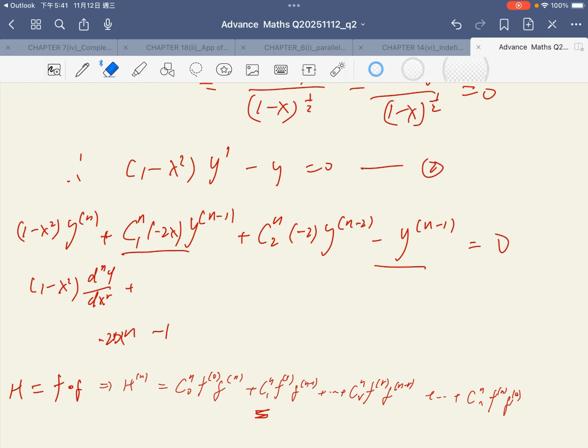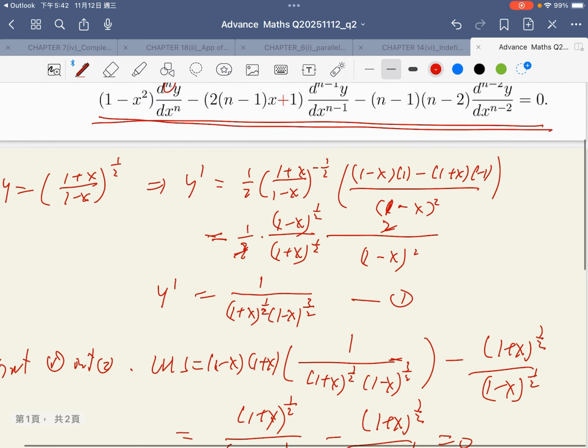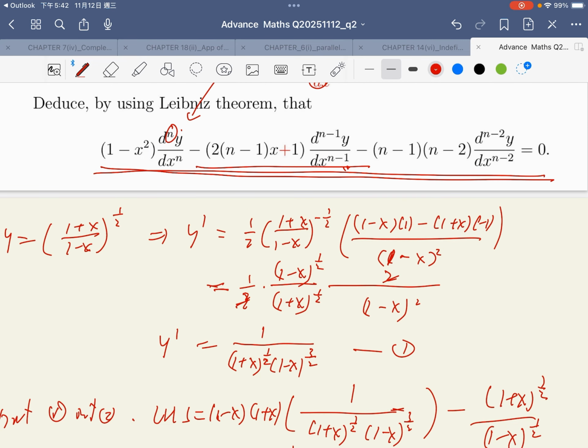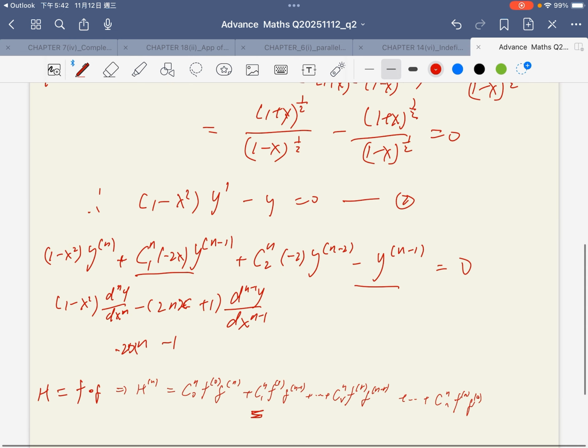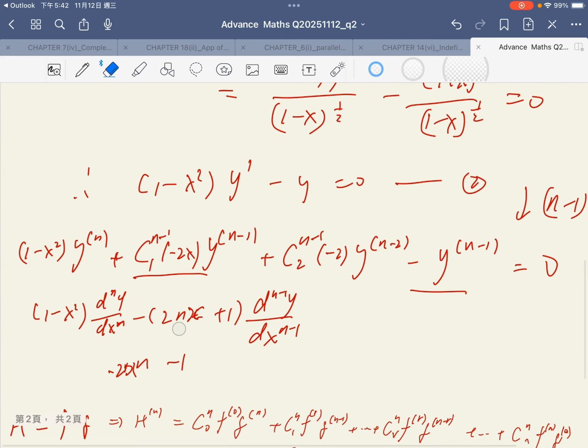That is negative (2n minus 2nx plus 1) d^(n-1) y over dx^(n-1). That is the second part. Oh, sorry, because I made a mistake here. It is n minus 1 times. Oh, I made a serious mistake here. But anyway, it is easy to revise this mistake. Or I just replace the n by n minus 1.